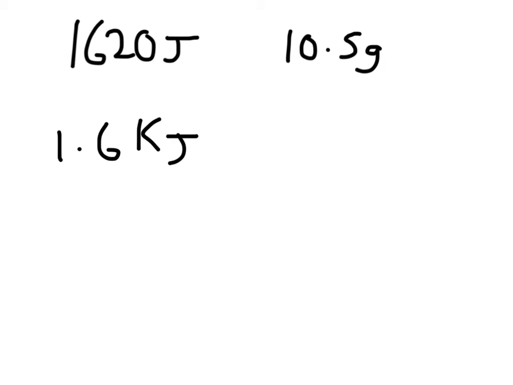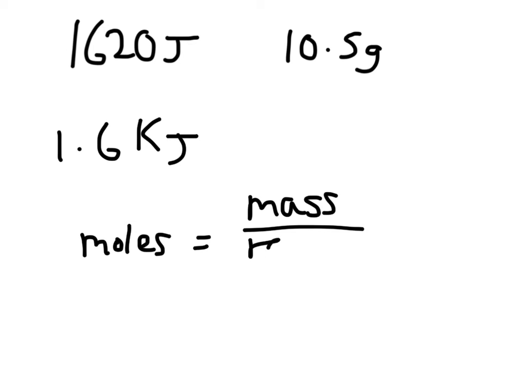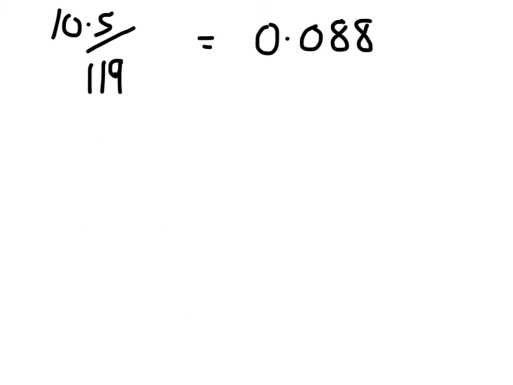So moles equals mass divided by RAM. The RAM of KBr is around about 119. So we're going to have 10.5 divided by 119, which is 0.088.